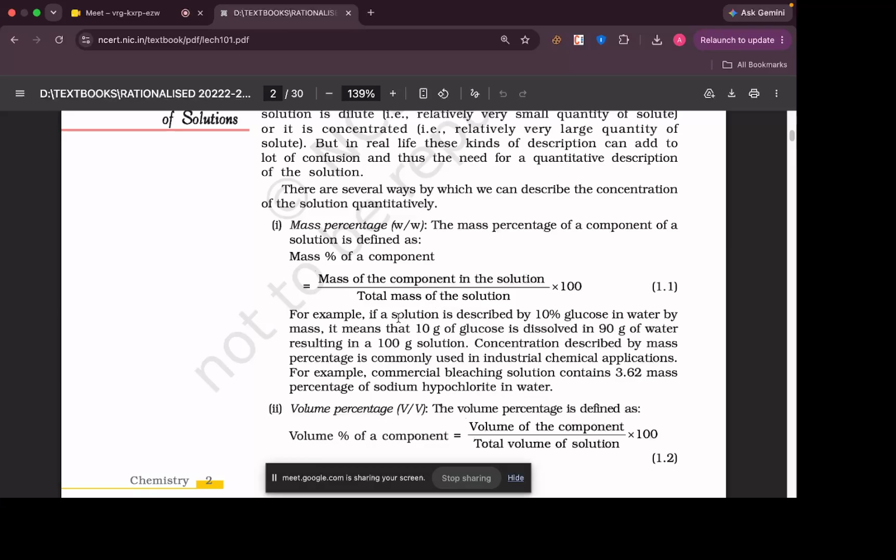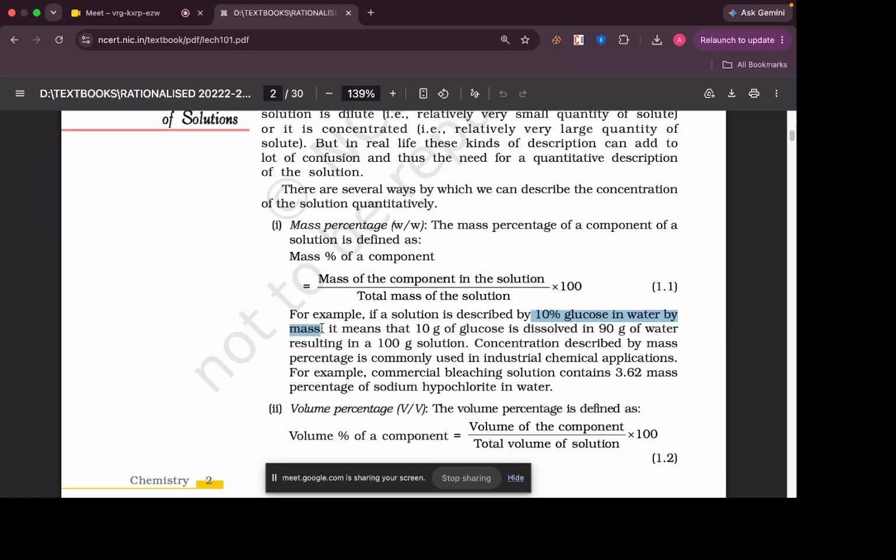Read the below example. For example, if a solution is described by 10% glucose in water by mass, we will stop here. Here itself it is telling percentage, first point; by mass, second point. How much percentage? 10%.